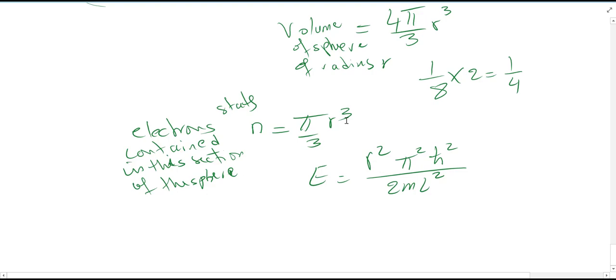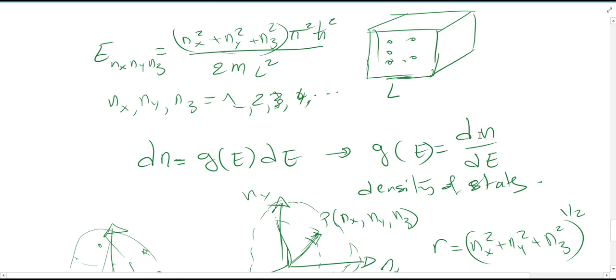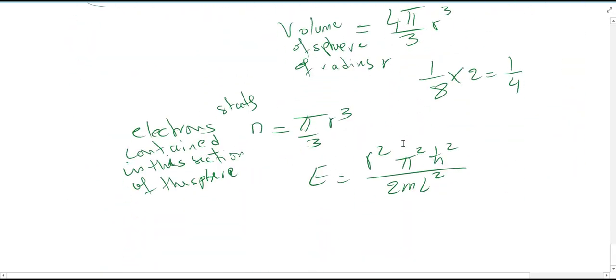If we can get rid of this r and substitute it in this expression, we will have an expression for n as a function of E, and from there an expression for the density of states, at least at absolute 0, at T equal to 0.